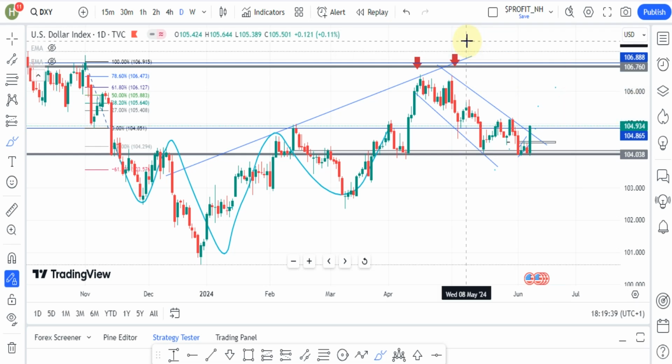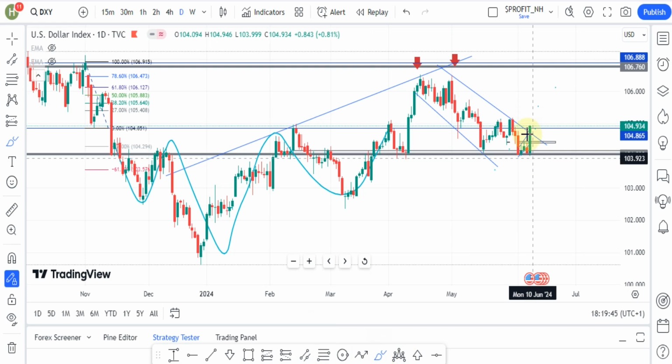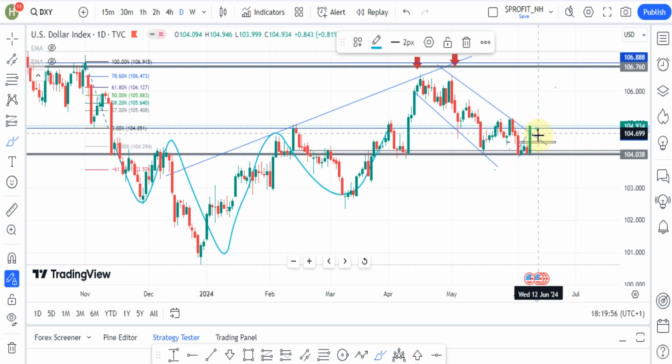What I'm expecting tomorrow when the market opens, after this market gave me these bullish engulfing candlesticks and broke above these key areas, is at least a correction.